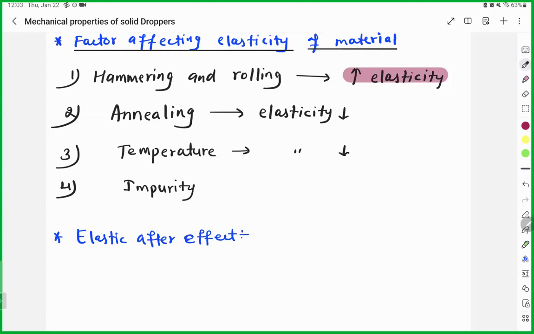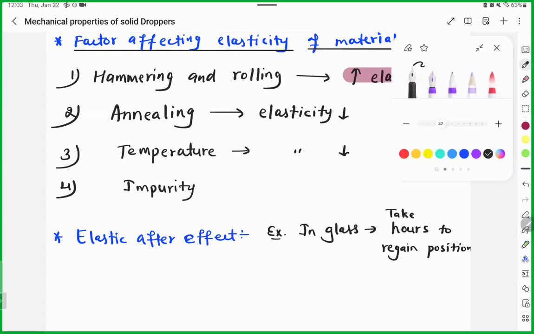The elasticity will be shown after you remove your effect for a long time. Example, in case of glass, it will take hours to regain its original position.